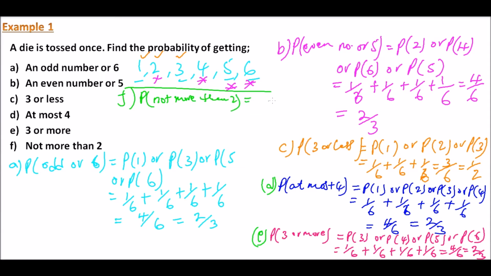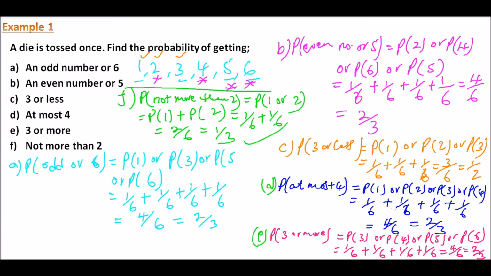We say it is equal to the probability of 1 or 2, which is equal to the probability of 1 plus the probability of getting 2, which is equal to 1 over 6 plus 1 over 6, and that will give us 2 over 6, which is the same as that. So that is an example of mutually exclusive events. So note here that when you are dealing with mutually exclusive events, we add the probabilities.